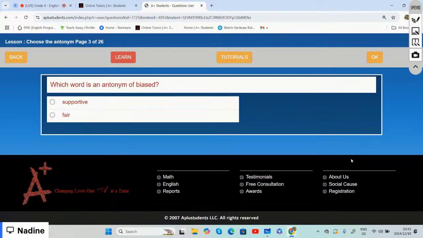What is the antonym of biased? Is it supportive or is it fair? The antonym of biased.